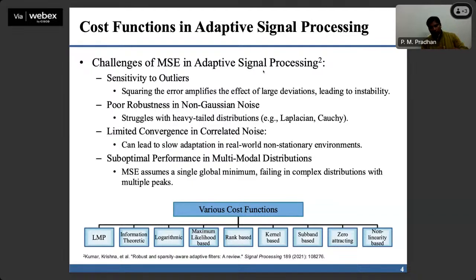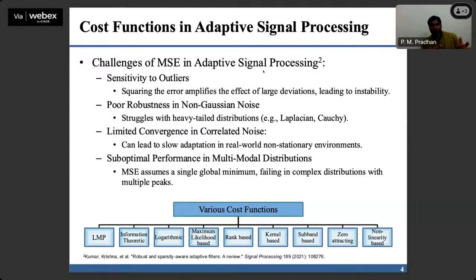You can go through those cost functions, and effectively the idea behind designing them is to tackle all these four problems. But when you use a cost function for designing any algorithm, you might be able to satisfy only a few of these criteria.